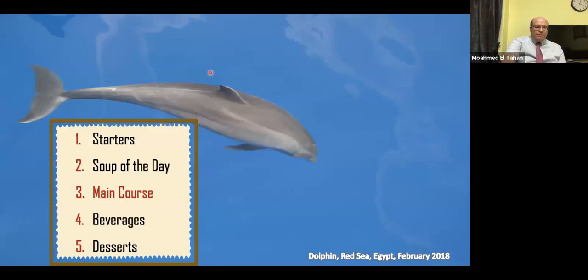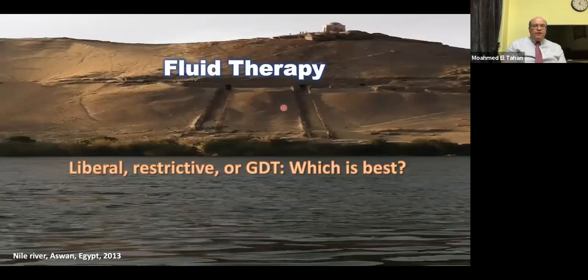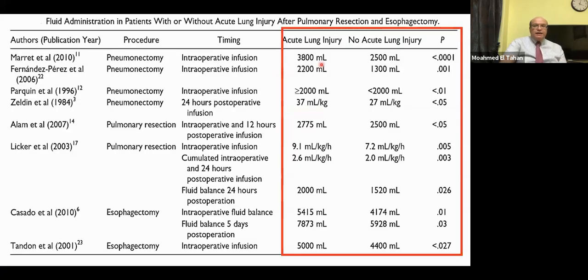We are still talking about the main course. For fluid therapy, we have liberal, restrictive, or goal-directed therapy; which is best? You can see in these different studies, patients undergoing pneumonectomy, pulmonary resection or esophagectomy who received more fluids had a higher incidence of acute lung injury than those who received less.